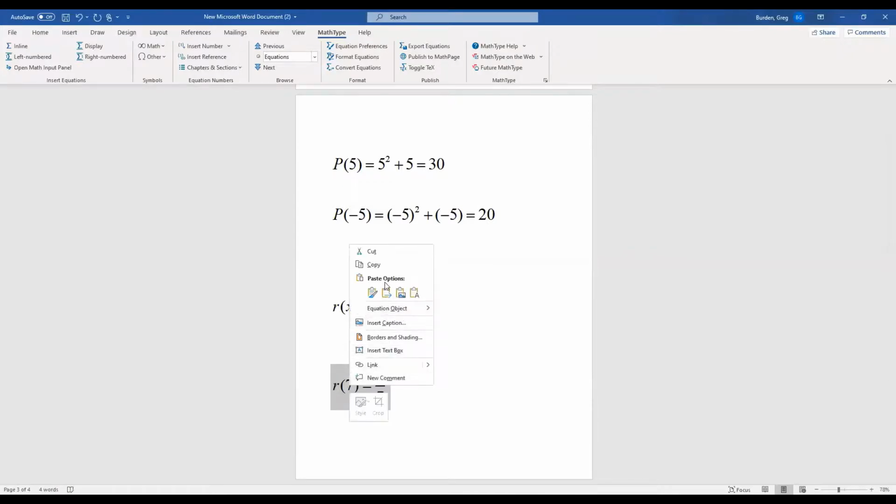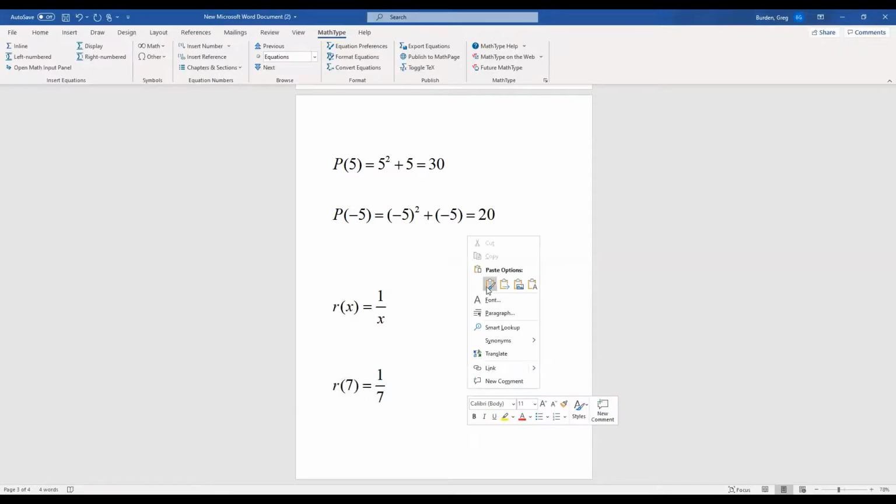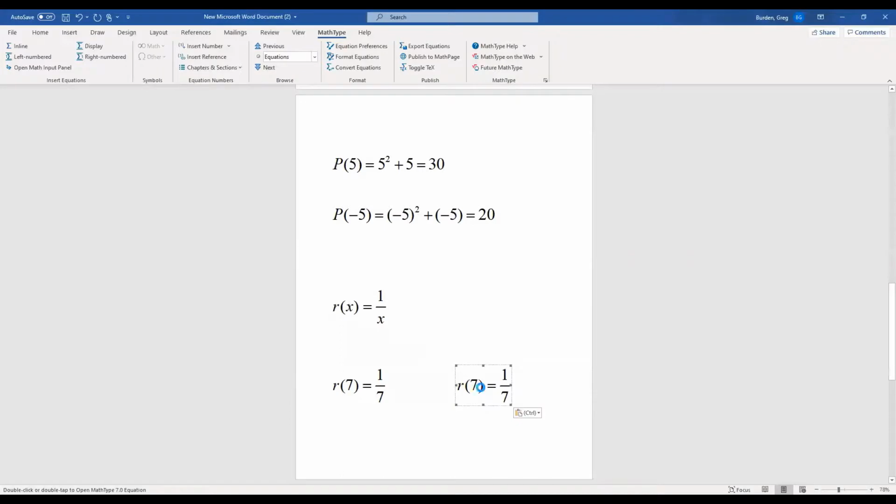And then if we compare that to having the opposite input, so I'm going to change 7 to negative 7. So R of 7 is 1/7.